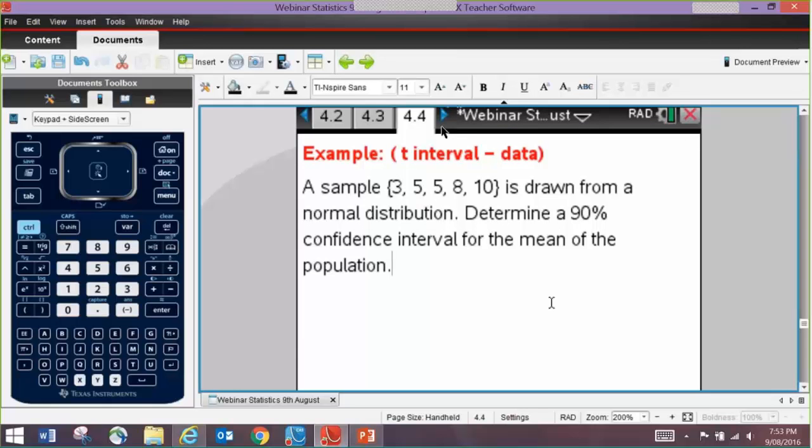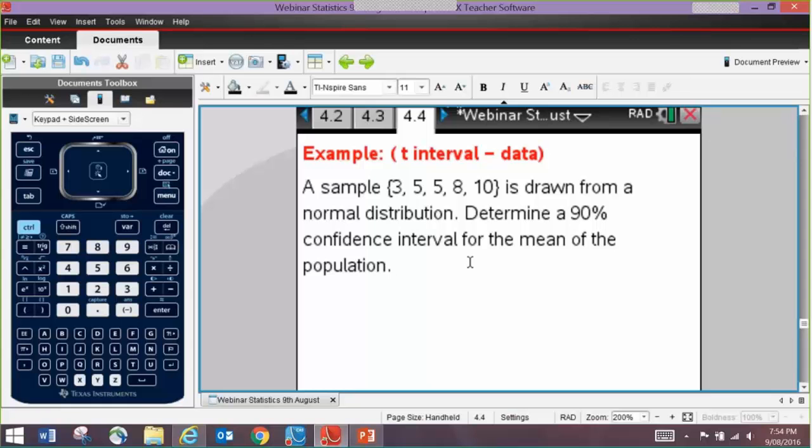so just to show you the difference, the T interval and the Z interval. I'll do a T interval this time with some data to show the difference there. So I've got a sample, very small sample because I wanted to make it fairly simple for tonight, a sample of 5 numbers drawn from a normal distribution, so we don't have to assume that.